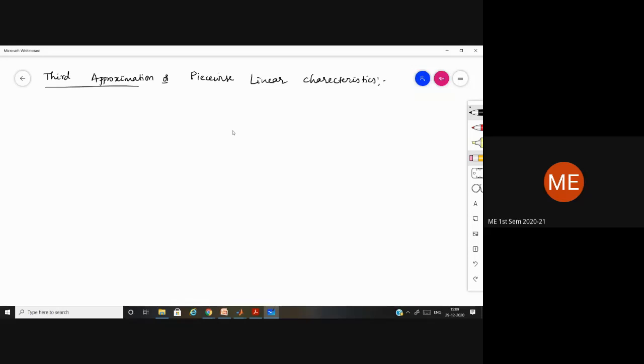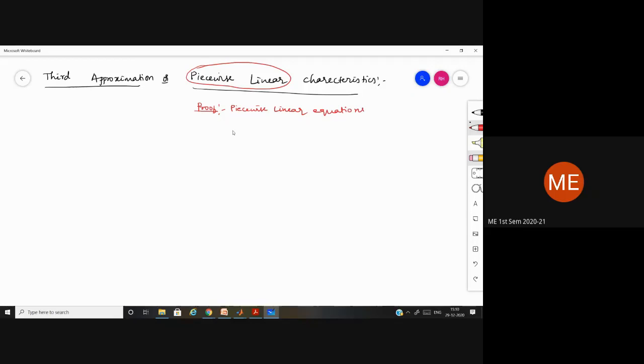So now first we'll understand why they're calling it by the name piecewise linear. They are calling it piecewise linear because, in order to provide the mathematical proof for this particular circuit which is designed, they used piecewise linear equations.